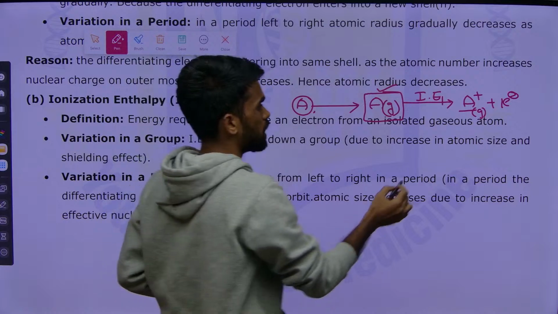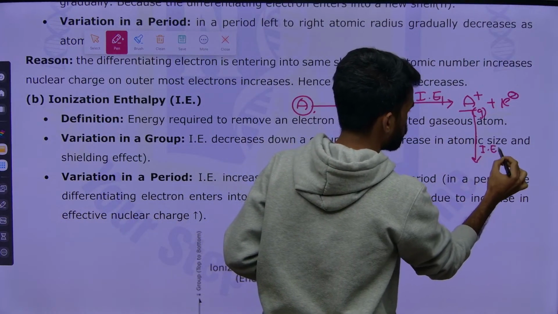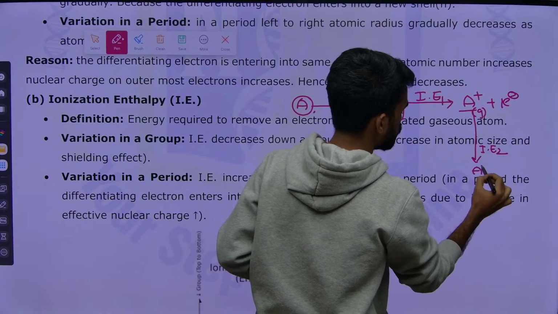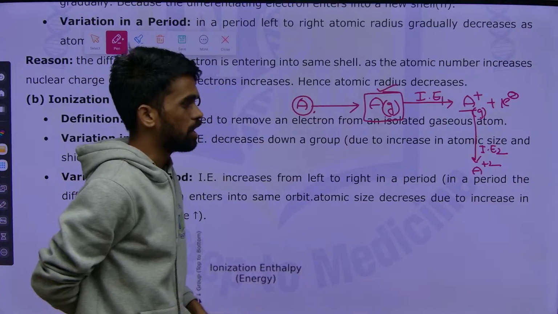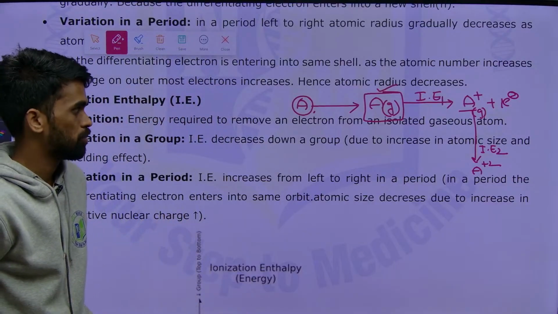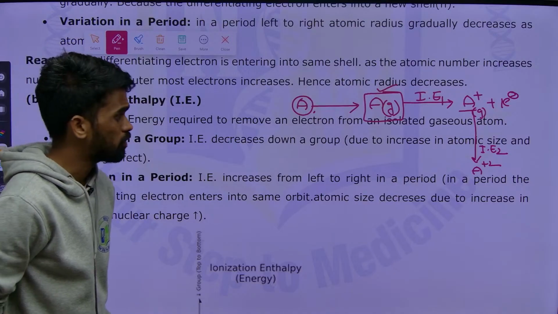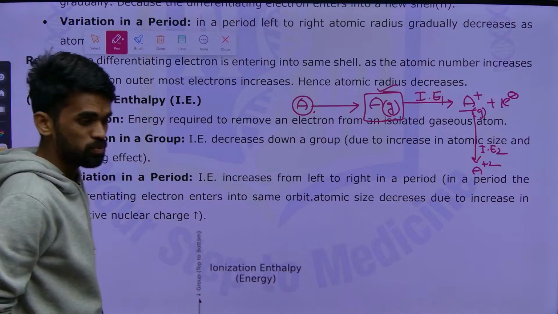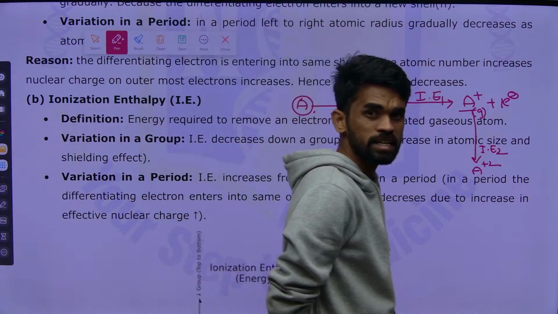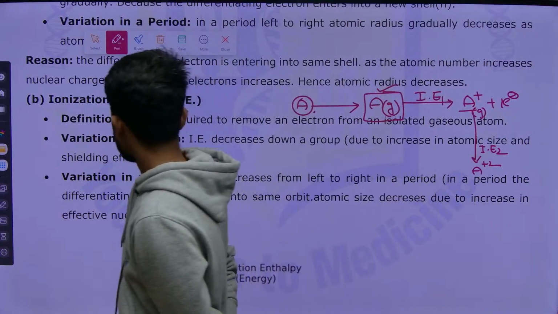If you are removing an electron from this A+ ion, it will become IE2 because you are removing the second electron, giving A2+. Discussion is clear now, whatever we are doing here. If you remove the first electron, it is first ionization energy. If you remove the first and after that the second also, it is called second ionization energy.